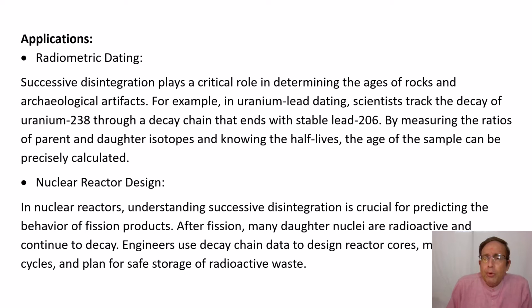So fission products that are produced in the nuclear reactor produce different isotopes with different radioactive series, and engineers can use the decay chain data to design reactor cores or for other design purposes of the nuclear reactor, because different parts of the nuclear reactor would be radioactive and would be undergoing different radioactive decay series or decay chains.